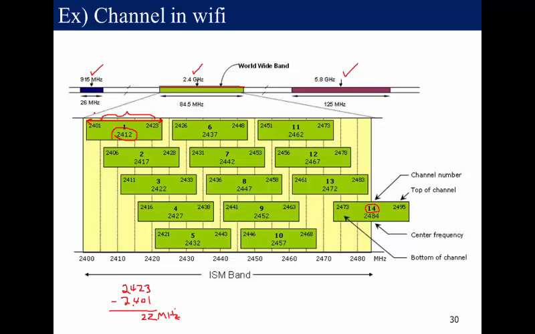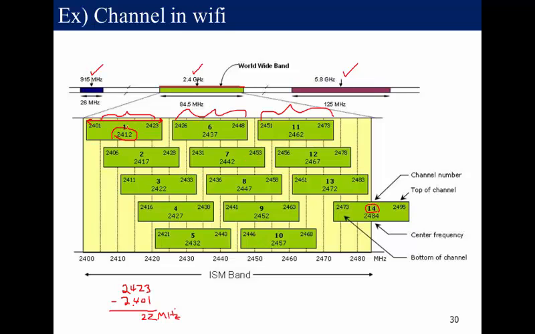So we allocate channel bandwidth: channel 1, 2, 3, 4, channel 2, 14. There's some overlap. If you do not allow overlap, then you could use 3 non-overlapped channels.